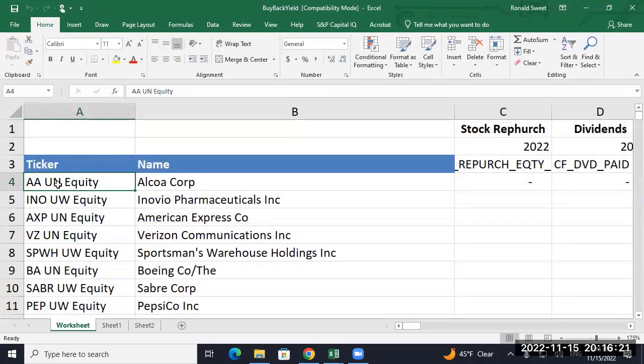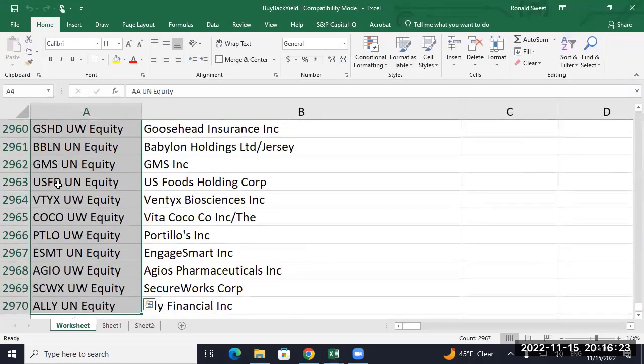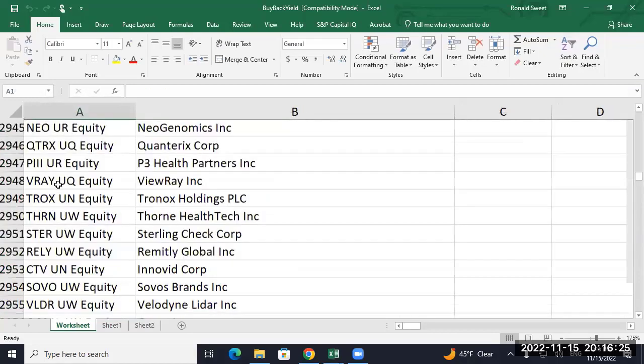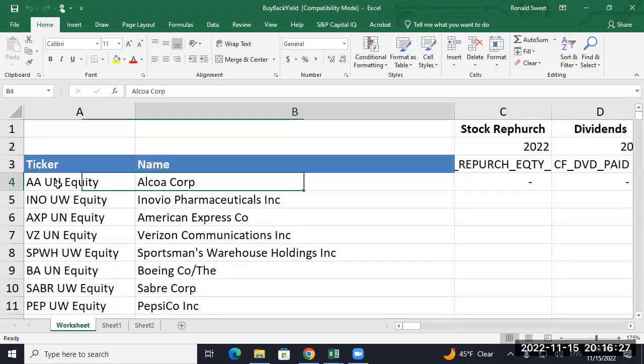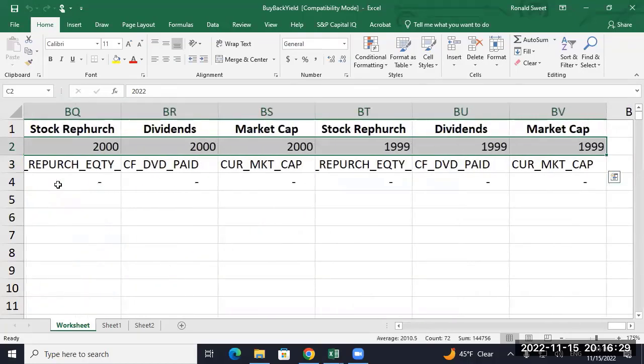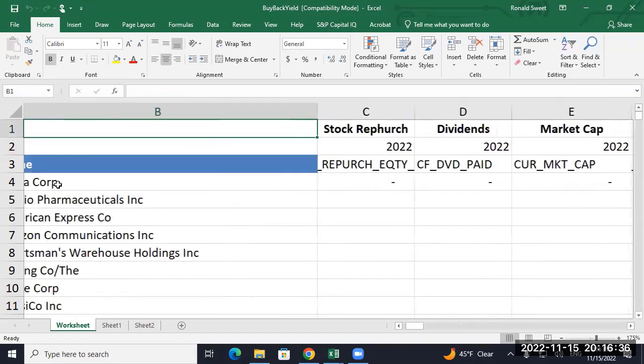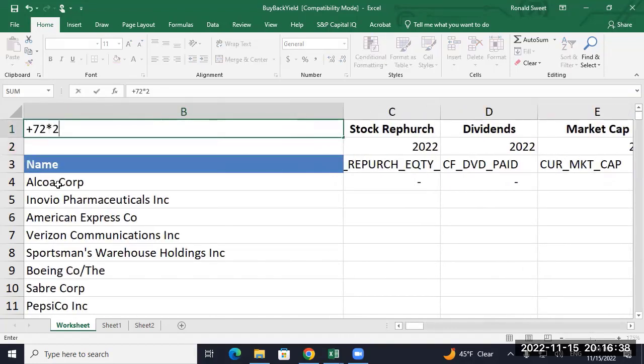So I brought in 2,967, so almost 3,000 companies. And I brought in 72 columns of data. You can do the math on that. I brought in 214,000 pieces of data.